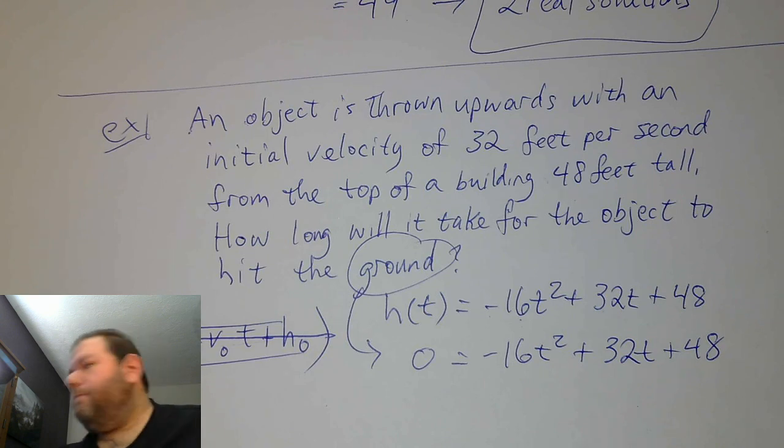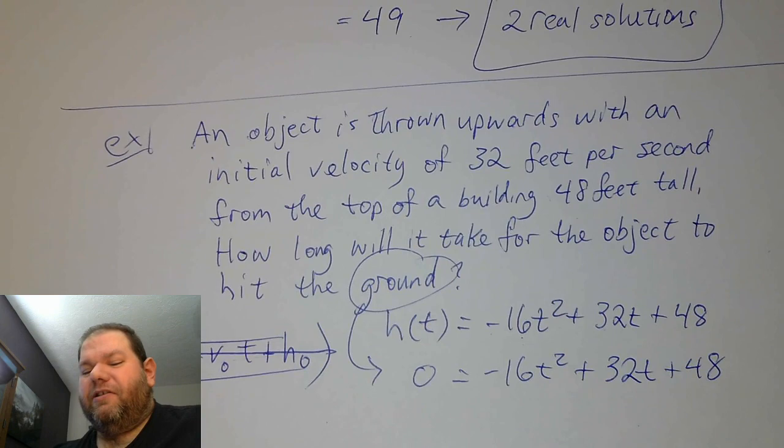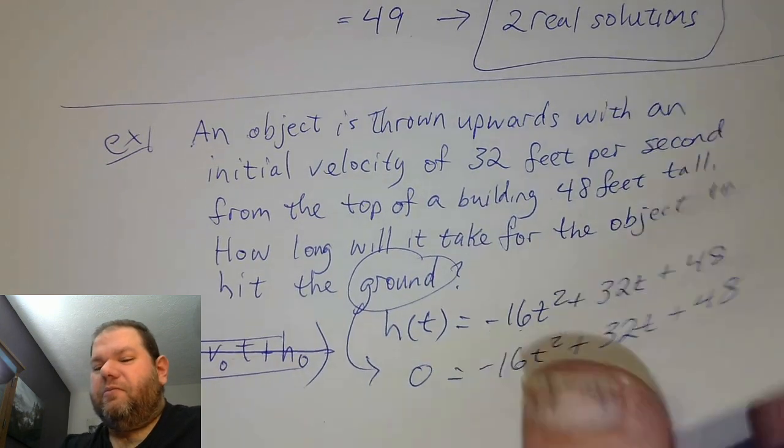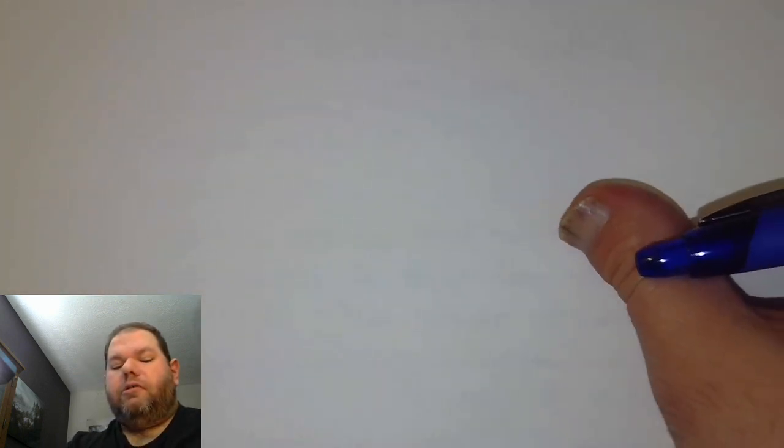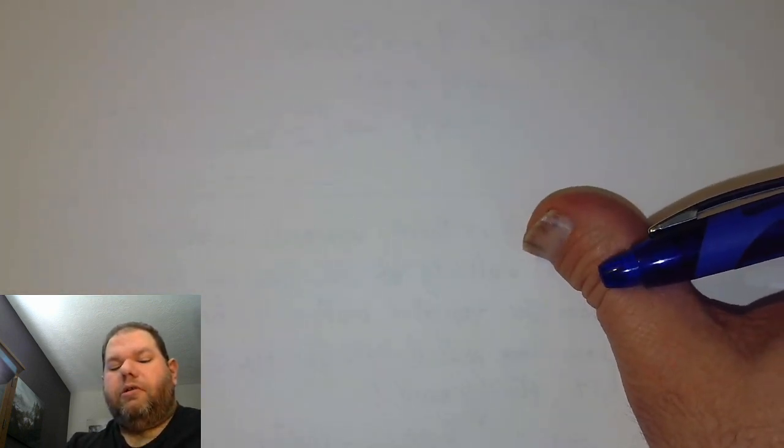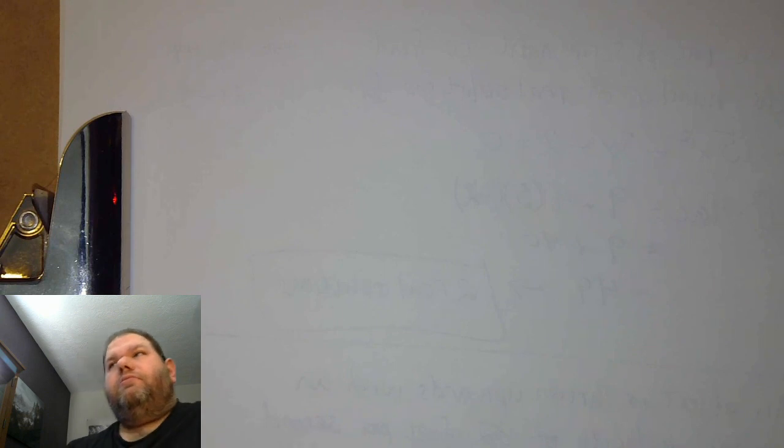Okay. It's okay. Yeah, sometimes we get to a point where we feel like it's a trick question or something, but the reality is if something's on the ground, it's just at 0 feet off the ground.